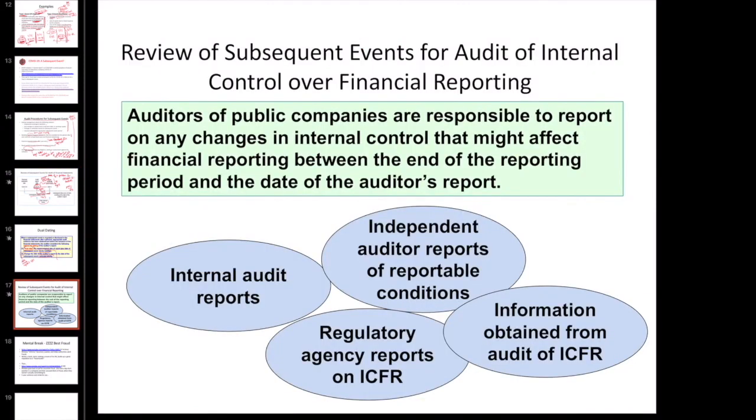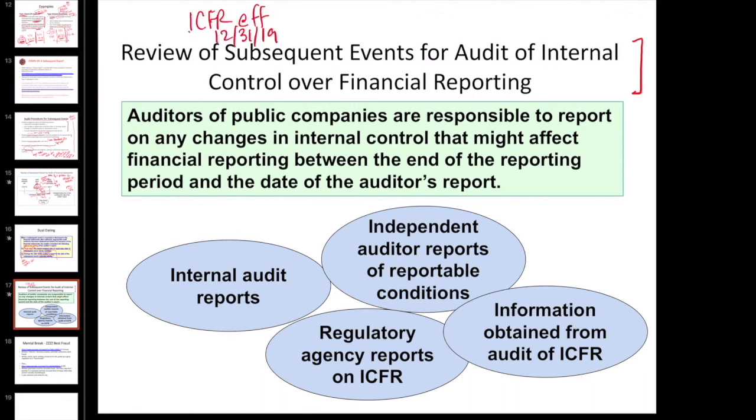And this slide is just saying, hey, you can also have subsequent events, of course, with respect to internal control. So an example of that would be if I had thought I had perfect internal controls, right, and I was ready to conclude that internal controls were effective as of 12/31/19.